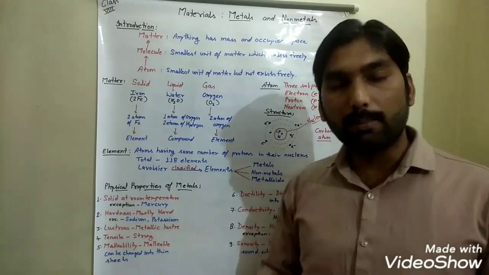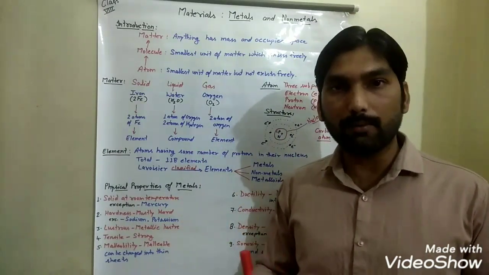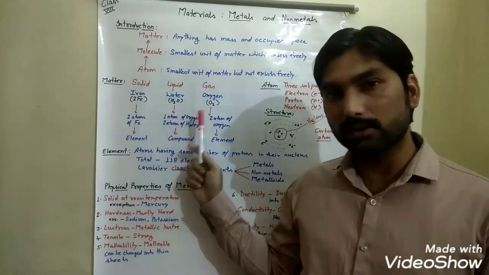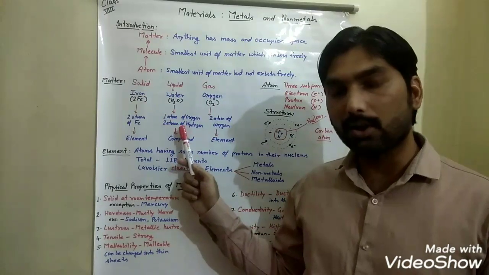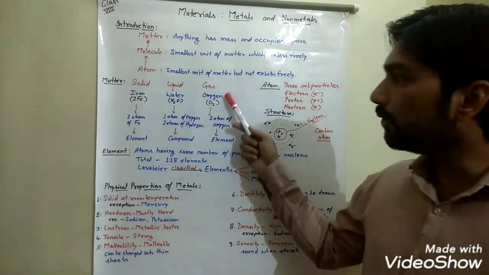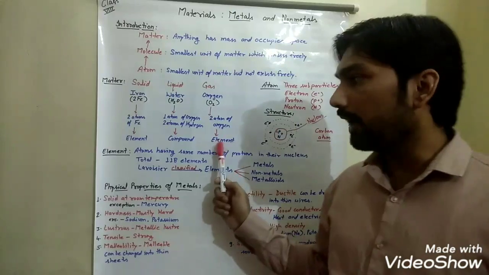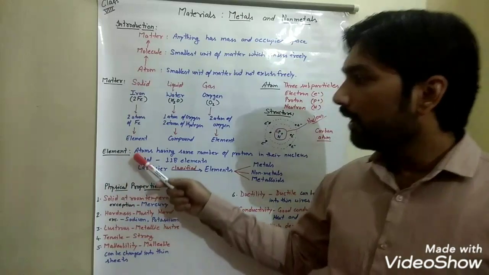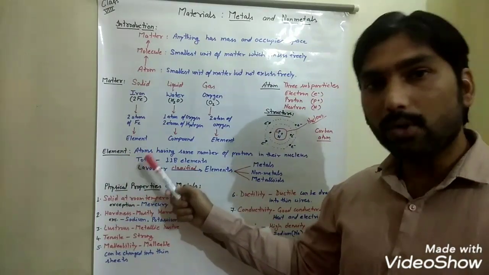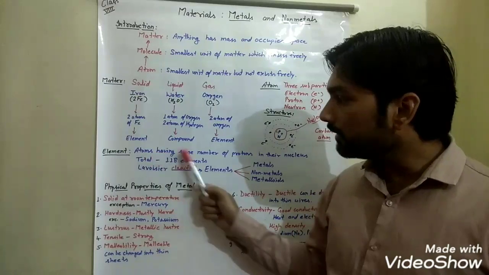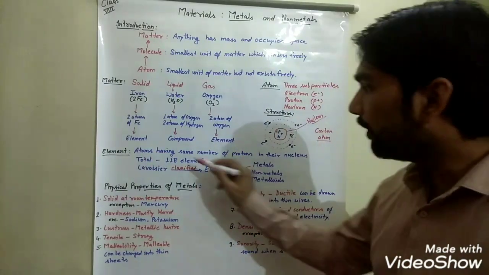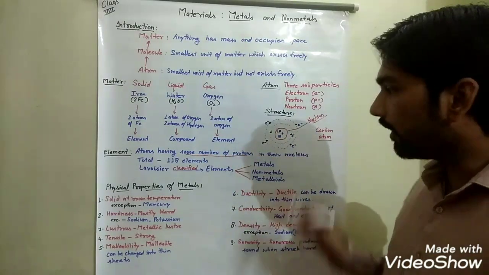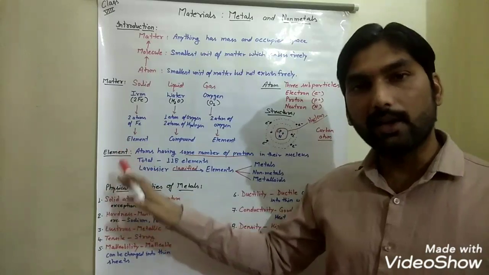A compound is a substance made up of more than one kind of atom, and here one atom is of oxygen and two atoms are of hydrogen. And oxygen gas is an element. So what do we mean by element? A group of atoms or species of atoms having the same number of protons. Remember this: the same number of protons in their nucleus is considered an element.